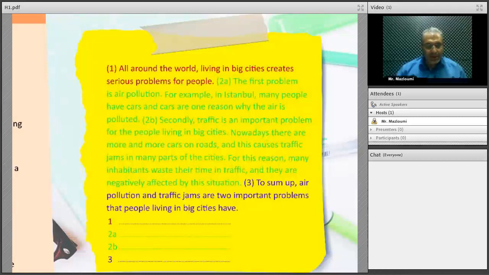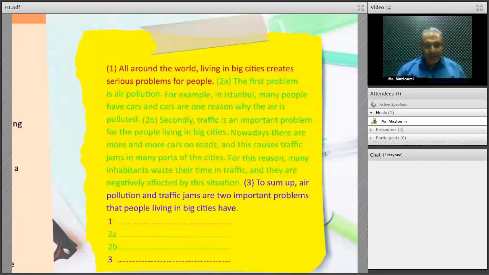For this reason, because of this, many inhabitants, many residents, many people who live there waste their time in traffic, and they are negatively affected, influenced, impacted by this problem. Well, this is our second supporting idea, our second supporting sentence. 3.